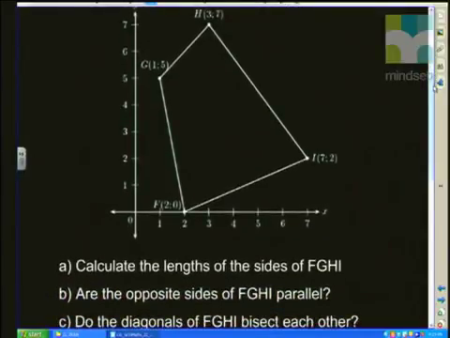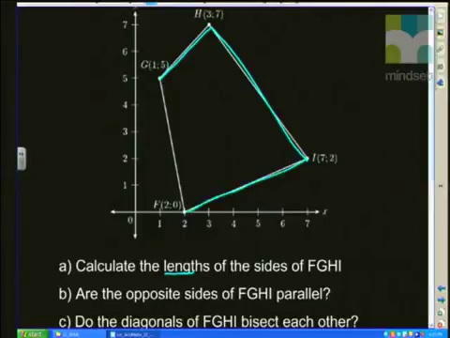And we ask you firstly to calculate the lengths of the sides. They don't tell you specifically, they just say of the entire quadrilateral. So you're going to have to use your distance formula.